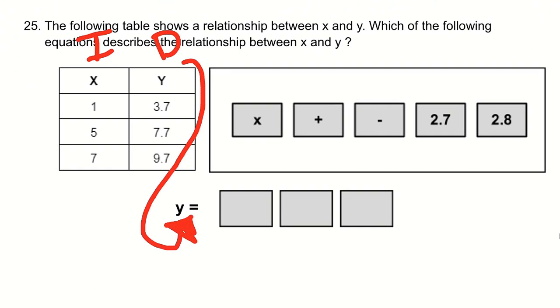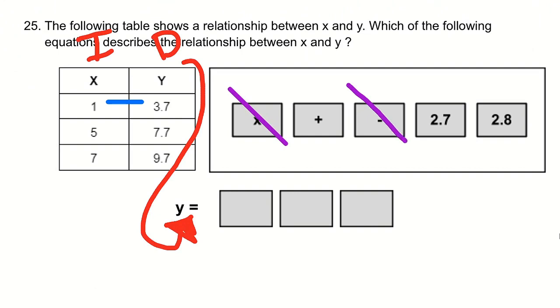I'm looking for a pattern here, so I'm thinking from an input of 1 to an output of 3.7. We're getting bigger, and I know that we're not multiplying, and I know that we're not getting smaller, so we must be adding.